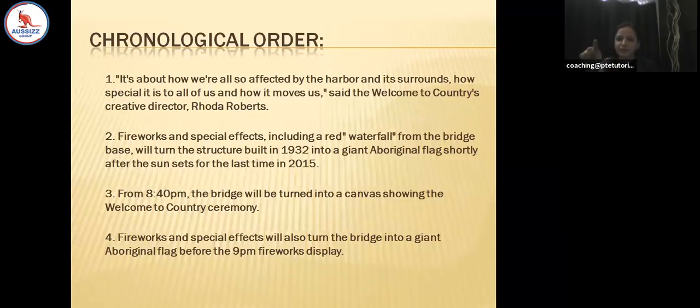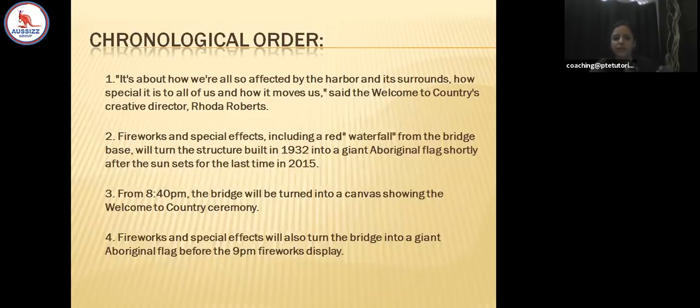Harbor is giving me the idea that they are talking about earlier sunset and now they are talking about harbor. Aboriginal flag, giant aboriginal flag shortly after the sun sets for the last time in 2015. It means they are saying it's about how we are all so affected by the harbor and its surrounds. Something happened and that thing is fascinating us. So I'm directly putting my pair as 2 and 1.